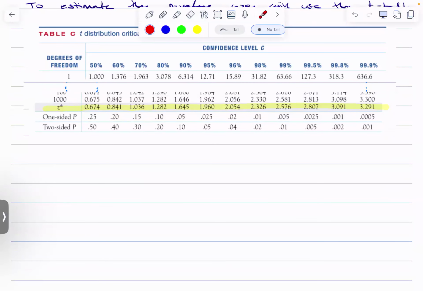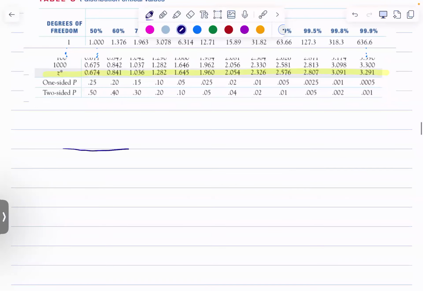I like to put end caps here, in theory at least. And so if we draw our Z, we know it's centered on 0, and it's symmetric.